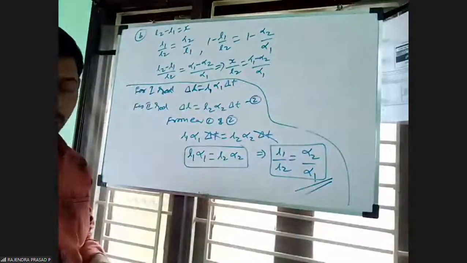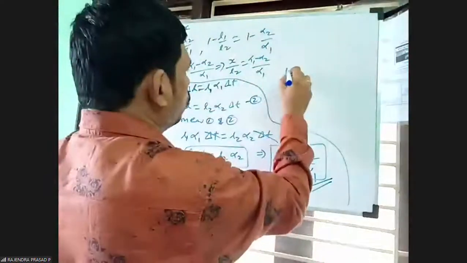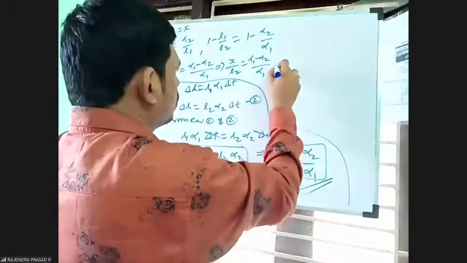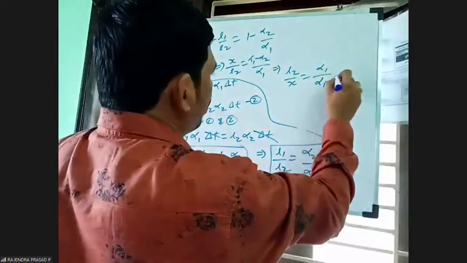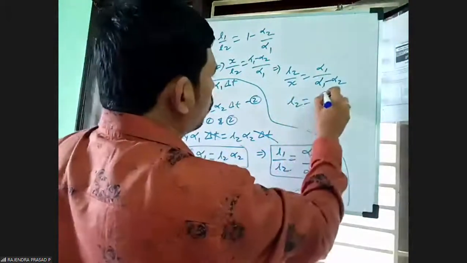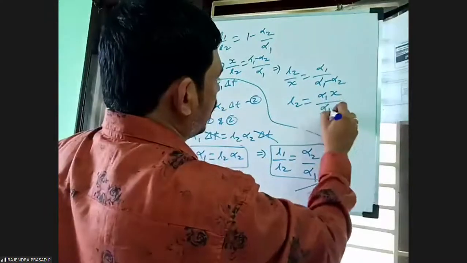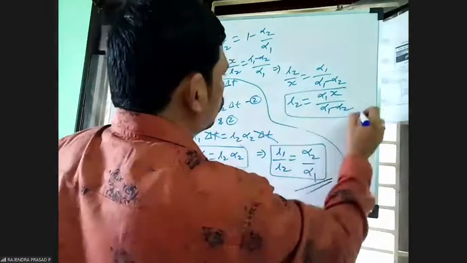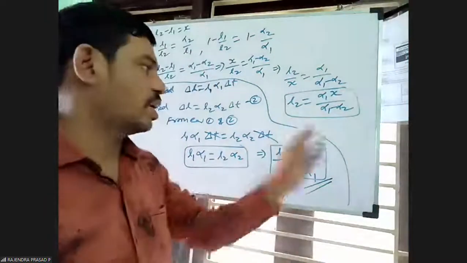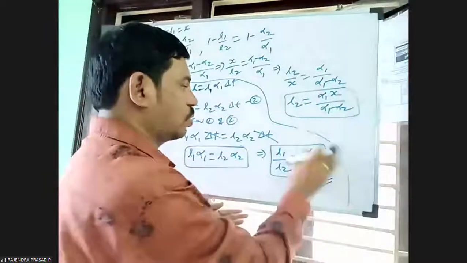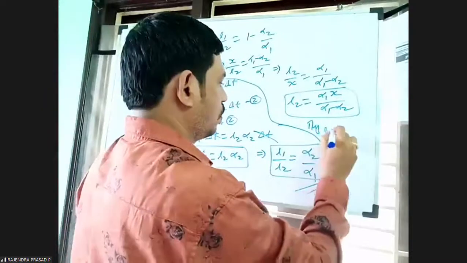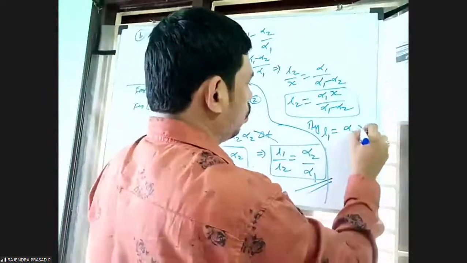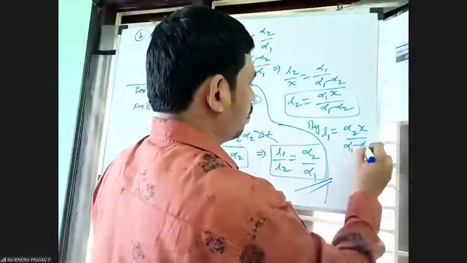Taking the reverse, L2 by X equal to alpha 1 by alpha 1 minus alpha 2. So L2 equal to alpha 1 X by alpha 1 minus alpha 2. The difference of length is given, so the individual length can be calculated. Similarly, L1 equal to alpha 2 into X by alpha 1 minus alpha 2.